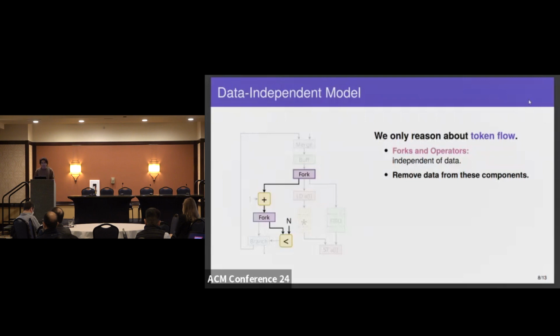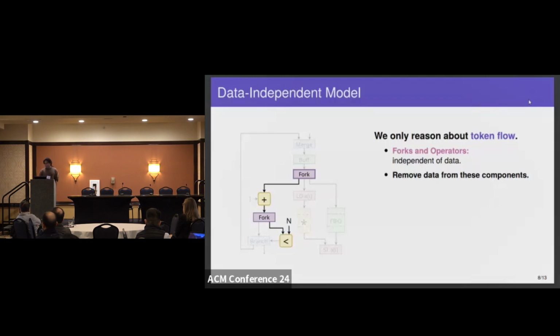For instance, irrespective of the value of the data token, the fork always duplicates data tokens, and the operators always synchronize the input data tokens to guarantee functional correctness. When we remove data from these components, the flow of tokens is still the same. We don't alter how tokens flow.